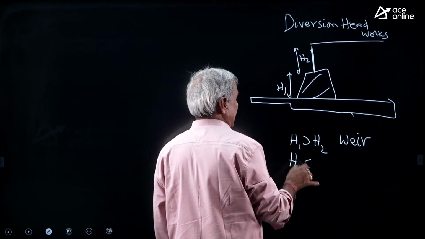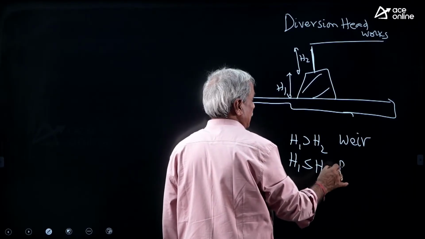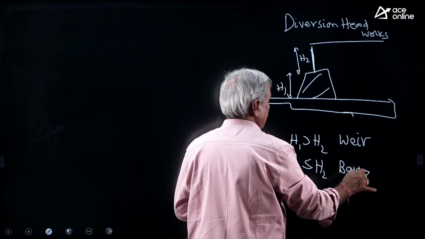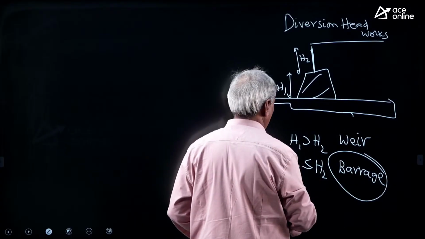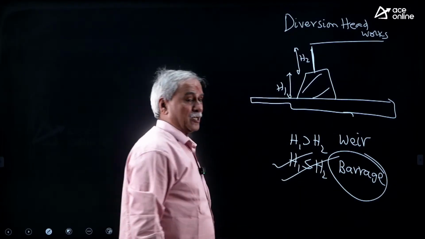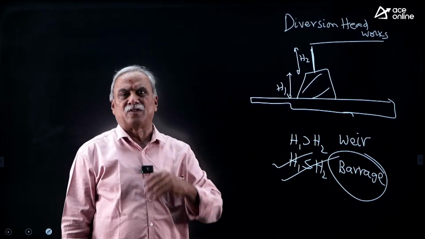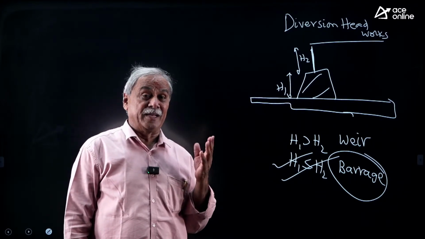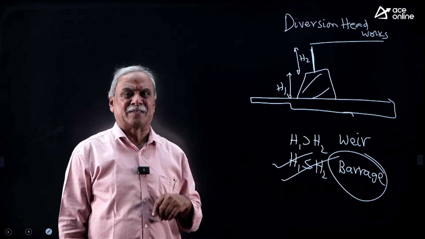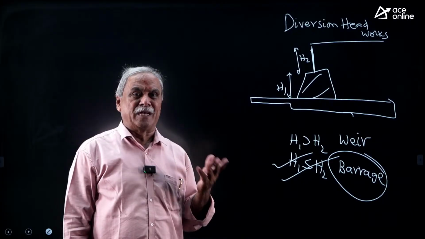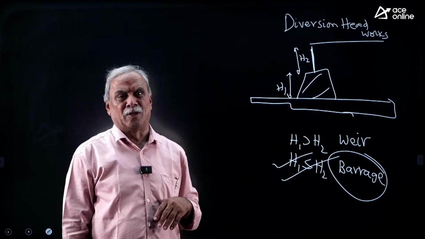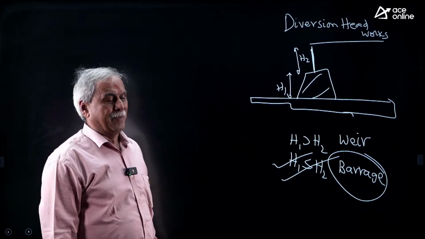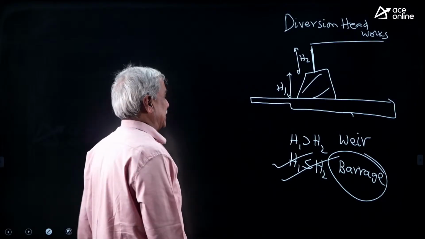If H1 is less than or equal to H2, that is called barrage section. Compared to weir, barrage is most preferable. If somebody asks you between weir and barrage, which one is more preferable? Because of the possibility of maintaining higher afflux, and the possibility of good highway traffic also being permissible, always a barrage is preferable compared to the weir section.